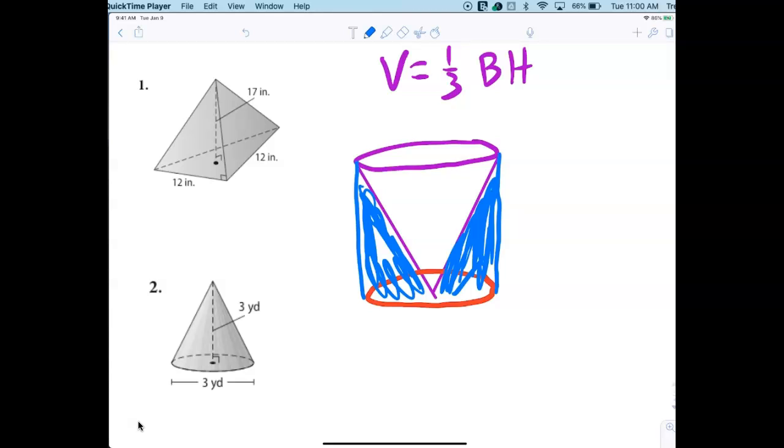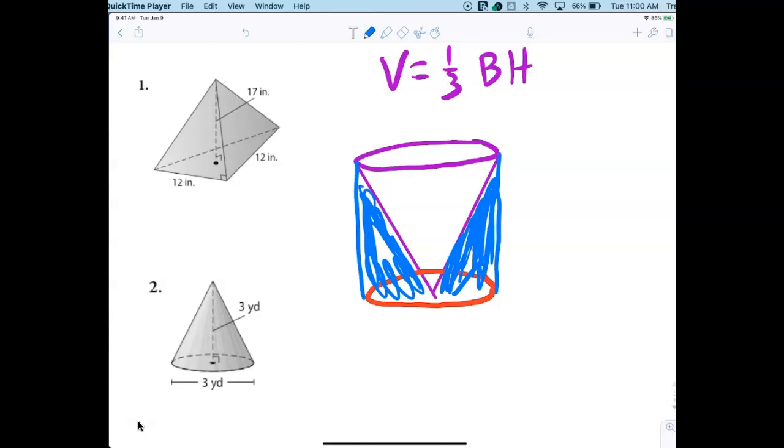The formula is the same. The base is what changes. Come on now, I'm trying to make you super smart here. I don't want you memorizing every single formula for every single prism, cone, and pyramid. There are all different types of formulas.